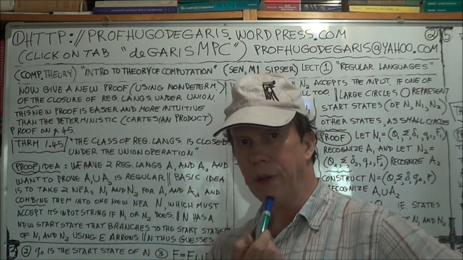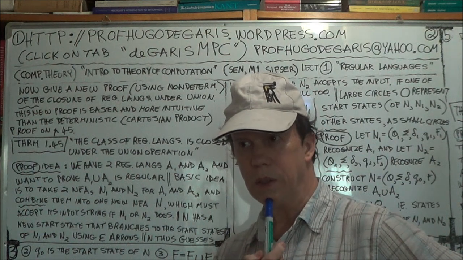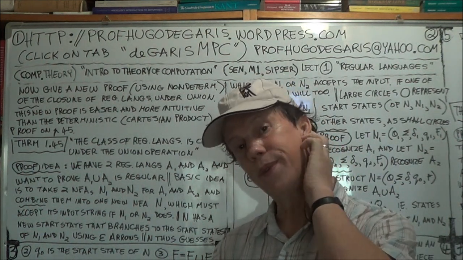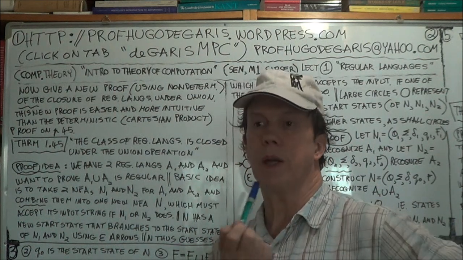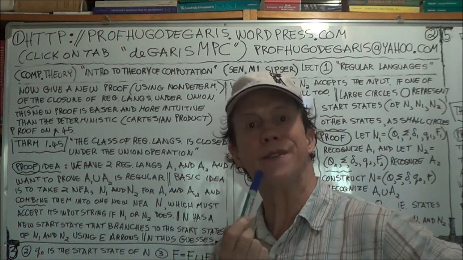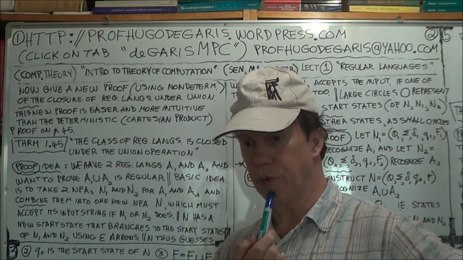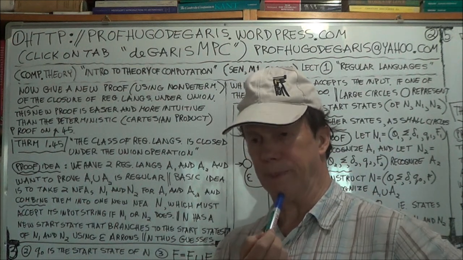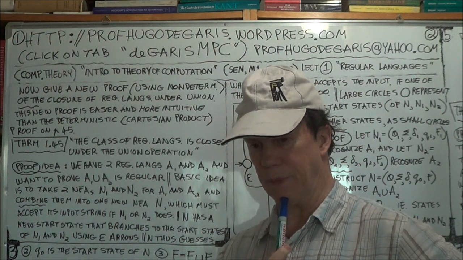On this board we will see 3 theorems, all of them showing how to use non-determinism, NFAs, to prove the 3 closure operations.